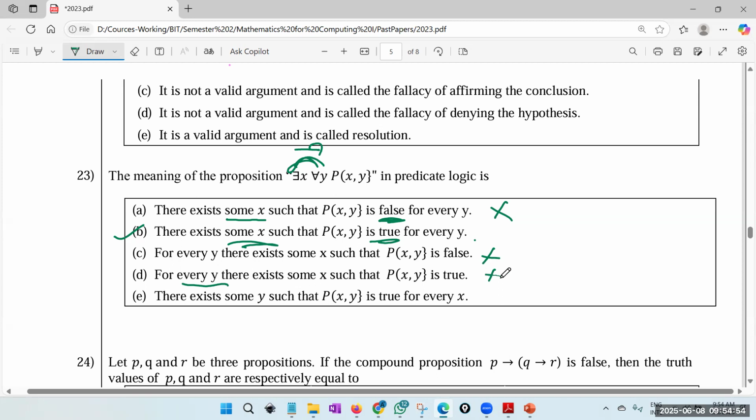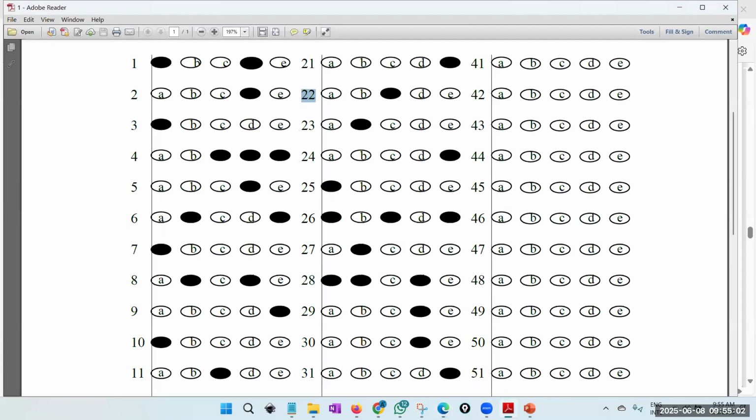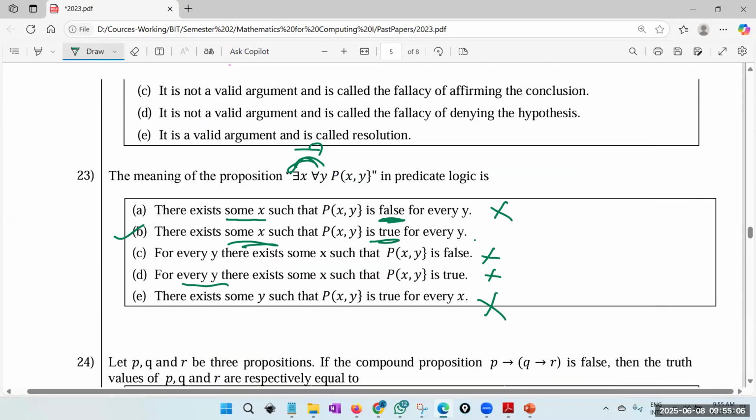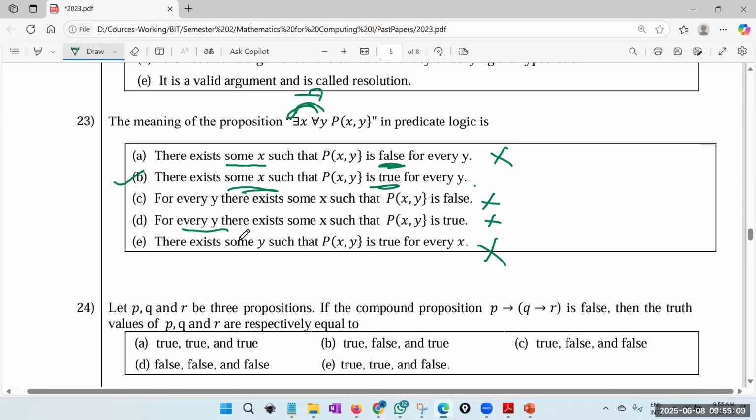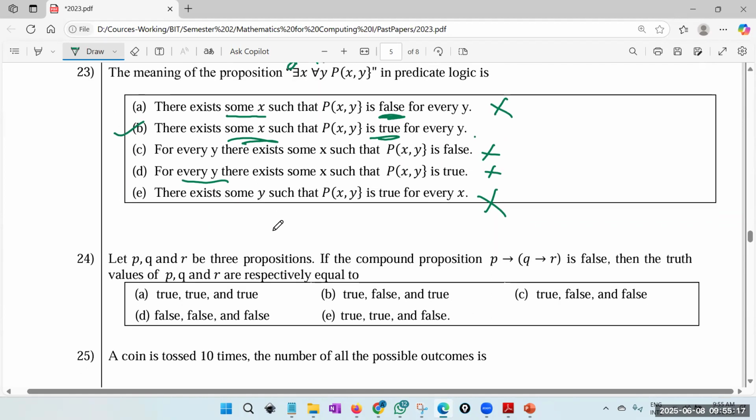Right? I don't take this. This is anyway wrong. I'll go for B. Yes, answer is B. Okay? Answer is B. So is it clear? That means there's at least one x, or some x, but for that x, all y, this is true. Okay?